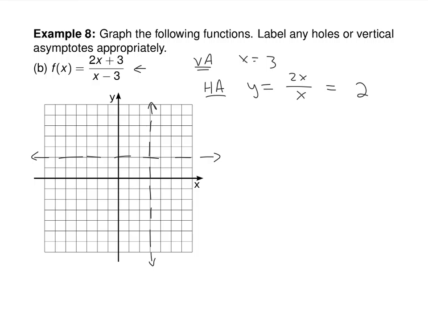So, okay, we've got x, we've got y. I think 0 is awesome, right? When you plug in 0, what do you get for y? -1. And then you can plug in whatever you want, but I would try to choose numbers that give you whole numbers.